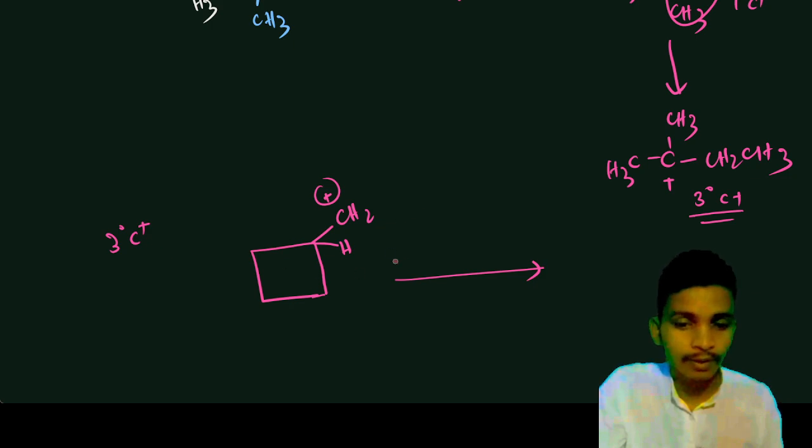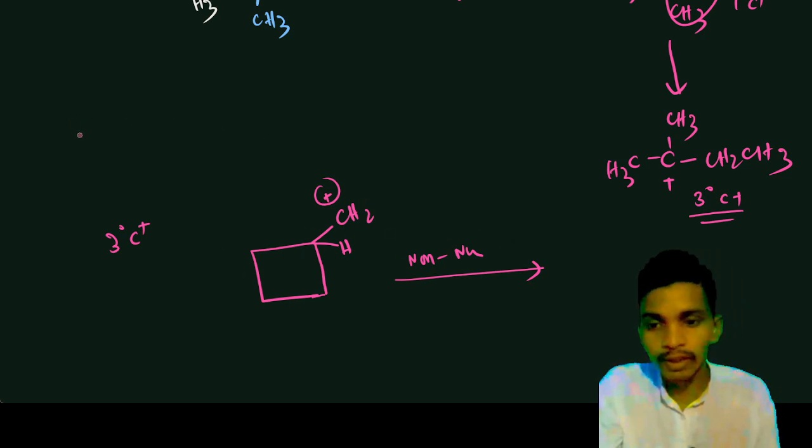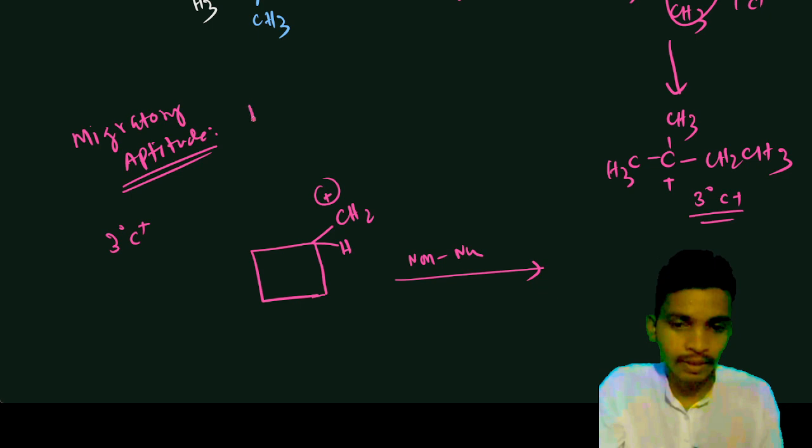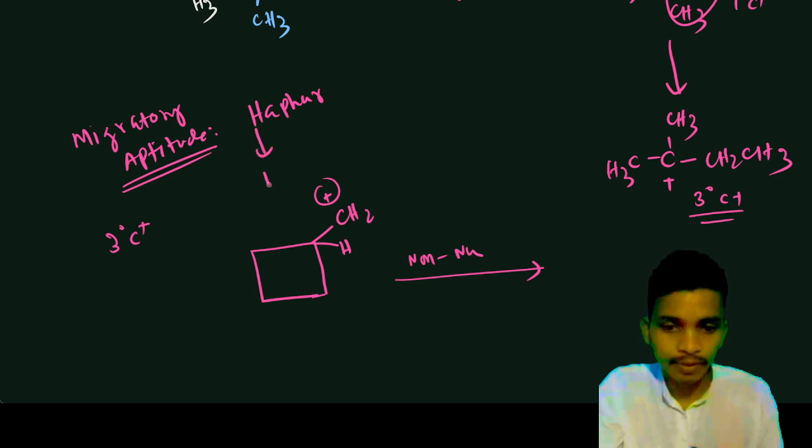Okay, now if the medium is non-nucleophilic, then we know the migratory aptitude. We remember it as HPR. H stands for hydrogen, P stands for phenyl, and R stands for alkyl group.